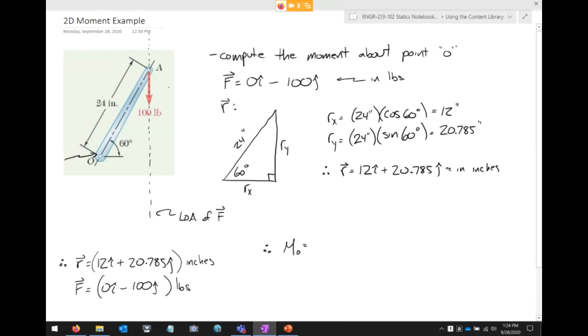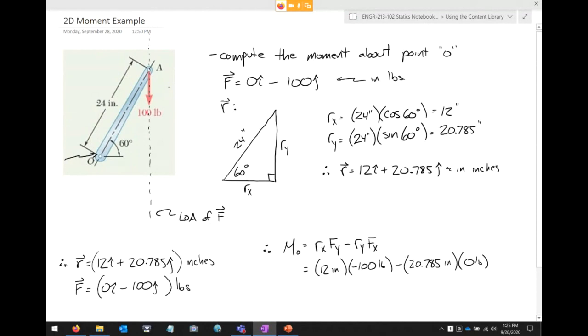I'm just going to compute the magnitude of that, which is Rx Fy minus Ry Fx, which is, okay, Rx is 12. And so maybe what I'll do is I'll throw the units in. So 12 inches times minus 100 pounds minus Ry, which is 20.785 inches. And then this is 0.